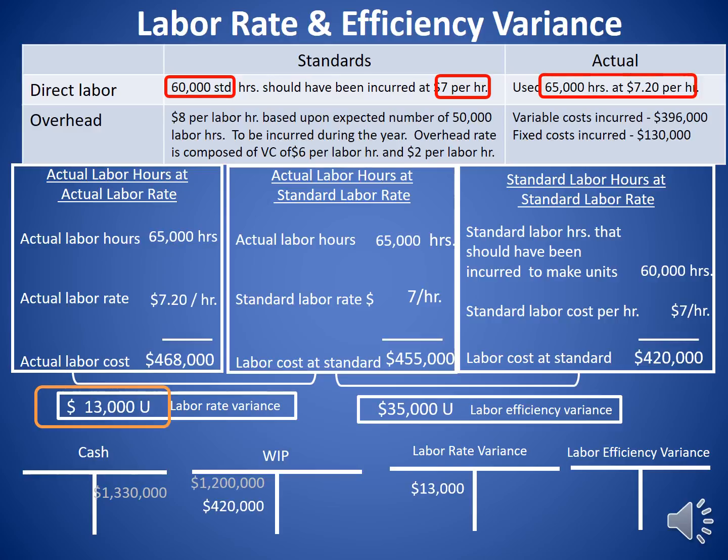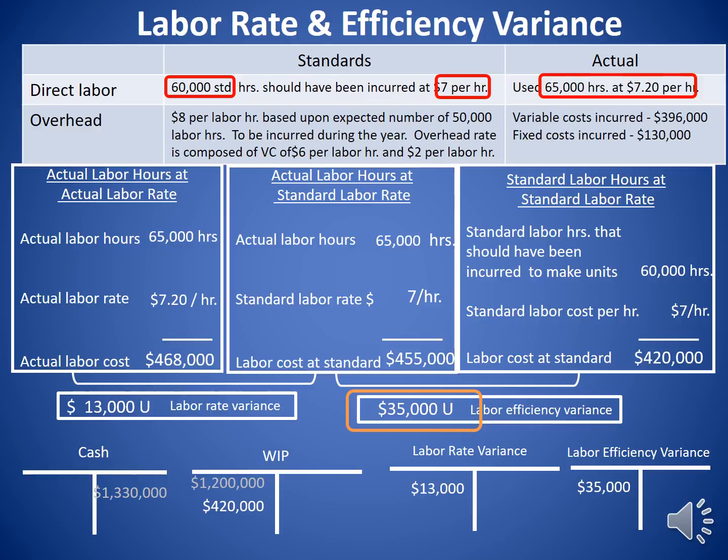Next, we record the labor efficiency variance, and it's $35,000 unfavorable, and again that becomes a debit to the labor efficiency variance account. And remember, as I mentioned before, an unfavorable variance goes as a debit to its applicable variance account, while a favorable variance goes as a credit to its applicable variance account.